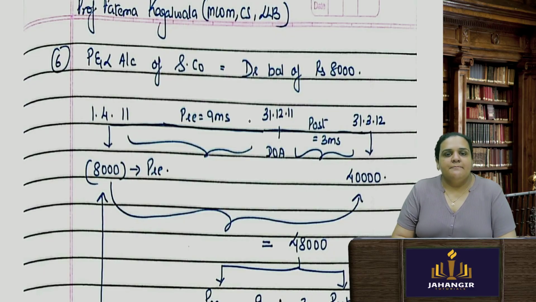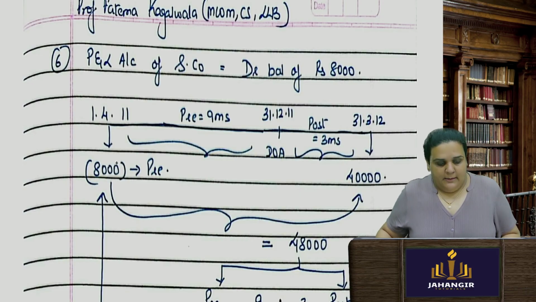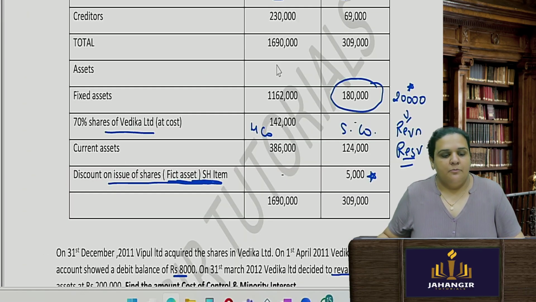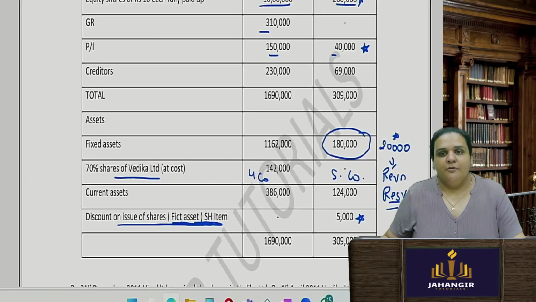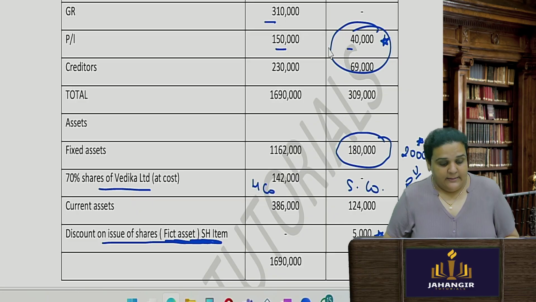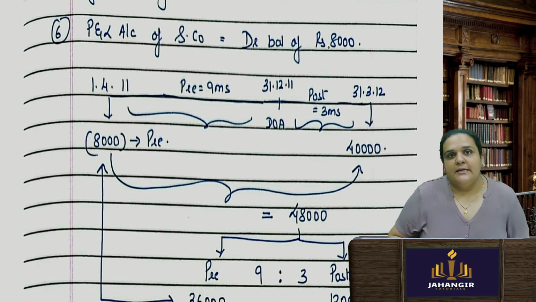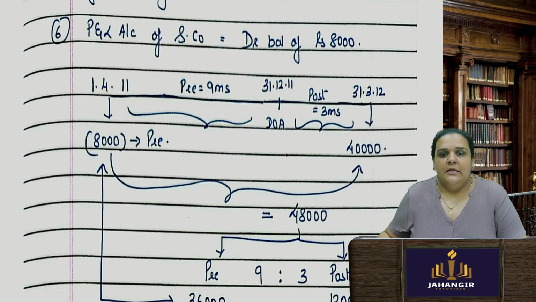Now P&L of subsidiary company. There was a debit balance of 8,000 on 1st of April. But what happened when they closed the books? See, at the time of closing the books, there is 40,000 credit balance in P&L of S. Okay, so when they started with -8, in order to have positive 40,000, it will be what?